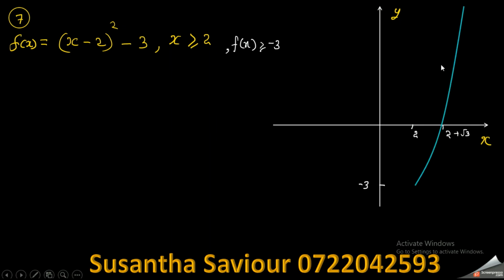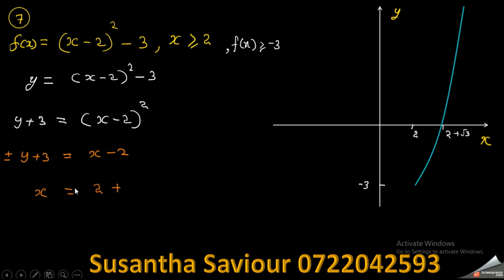Right, this is the graph of this function, and then we will look for the inverse. y is equal to this, y plus 3 is equal to (x minus 2) squared, then x equals 2 plus or minus square root of y plus 3, and then we discard the negative here because y should always be greater than 2 here. This one, the f inverse x should be always greater than 2.